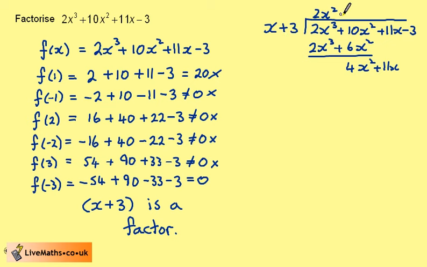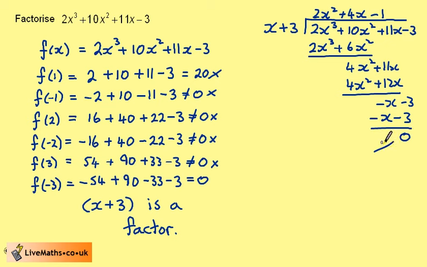X into 4x squared goes 4x. Multiplying gives 4x squared and 12x. Subtract and we get minus x. Bring down the minus 3. This would give us minus 1, and multiplying gives minus x minus 3, a remainder of 0, which of course we'd expect since x plus 3 is a factor.